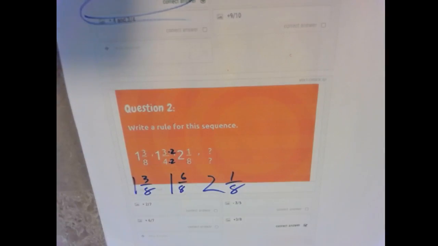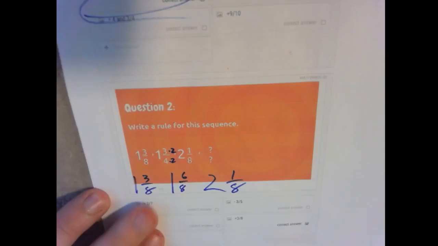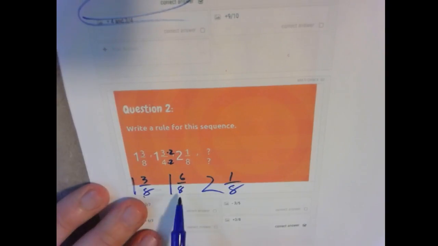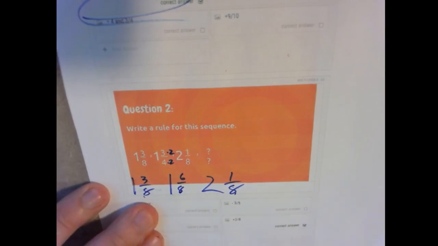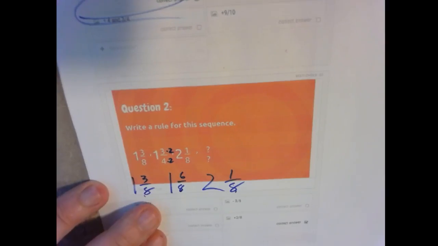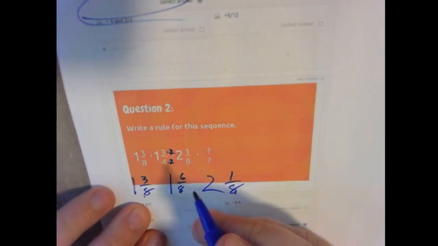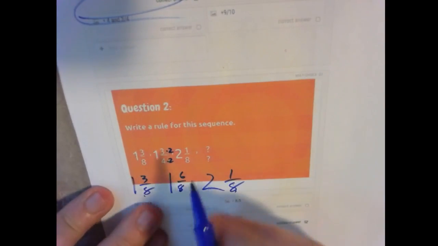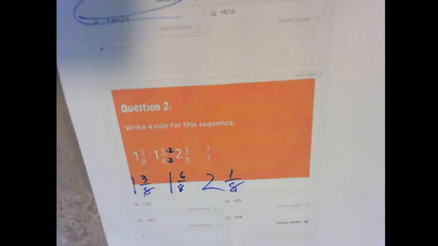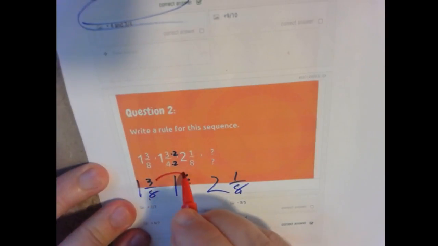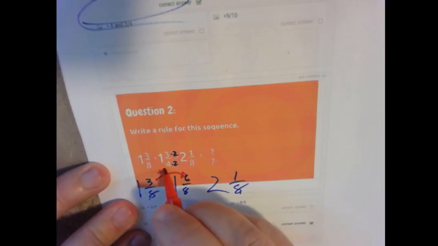So what is happening each step of the way? We have a denominator of 8, so the fractions are the same size steps. How do I go from 3 to 6? 3, 4, 5, 6. So that's adding 3.